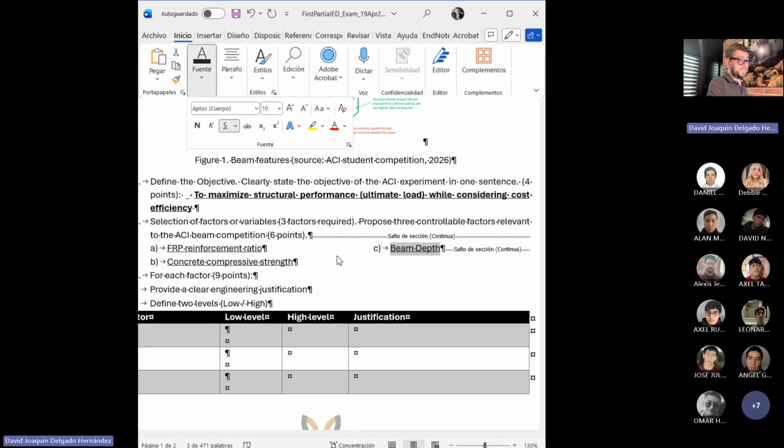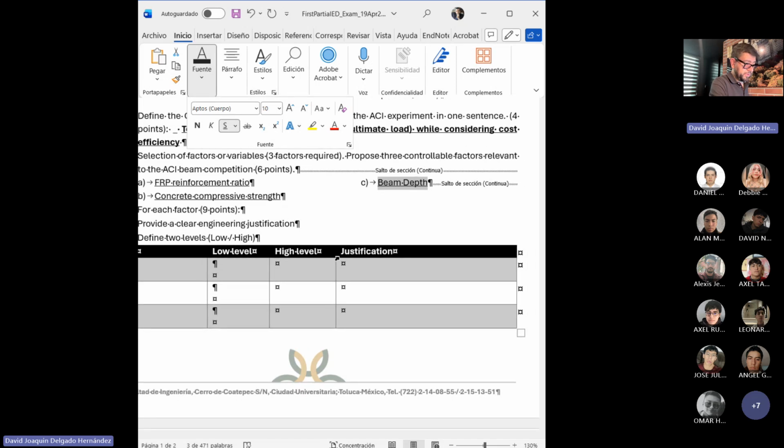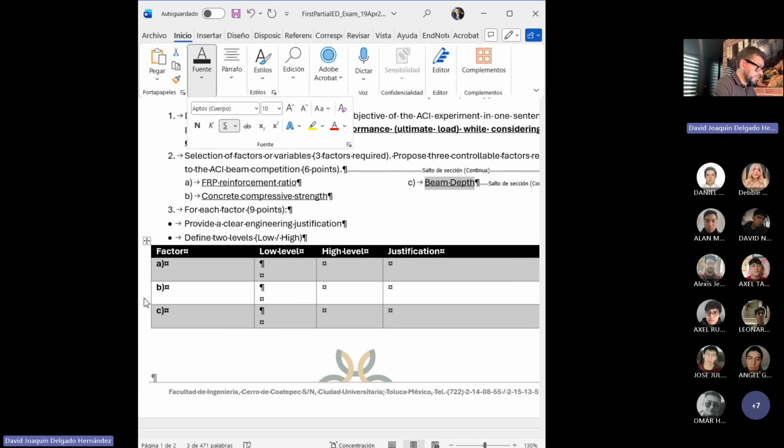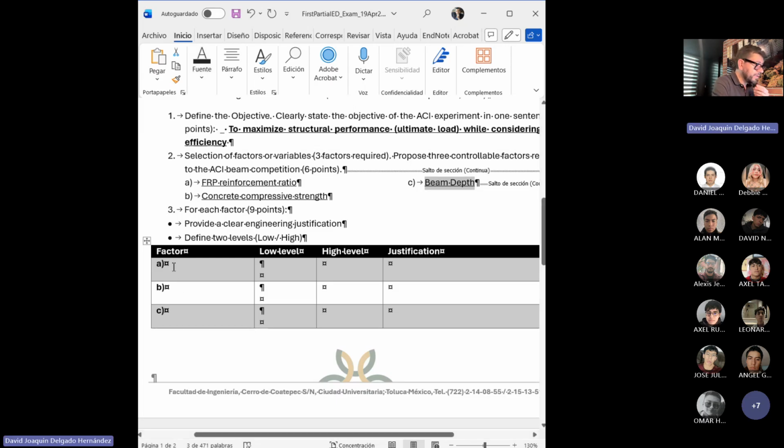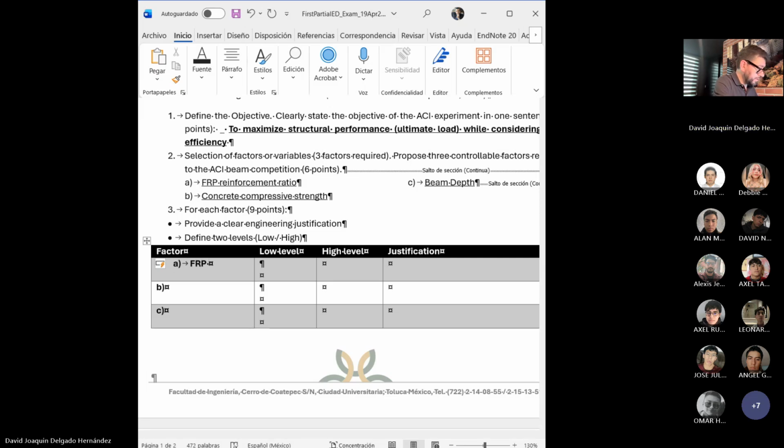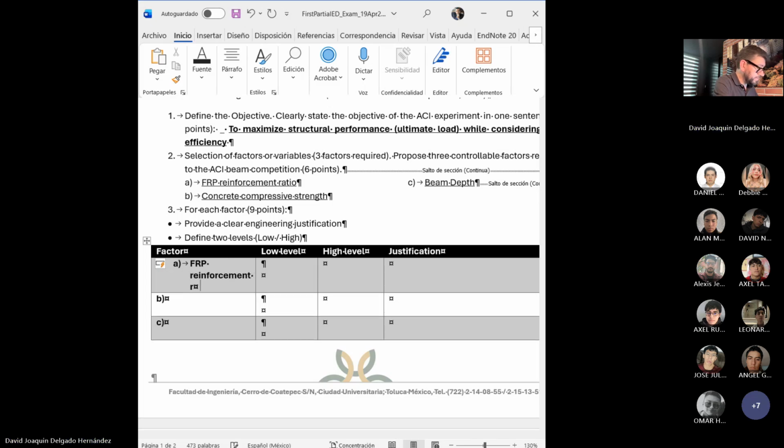So these answers provide you with 6 points, 2 points each. Okay. So you should write here the same factors, which is FRP reinforcement ratio. The second is the concrete strength.